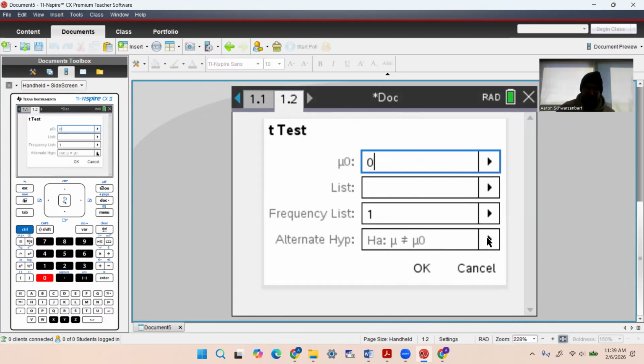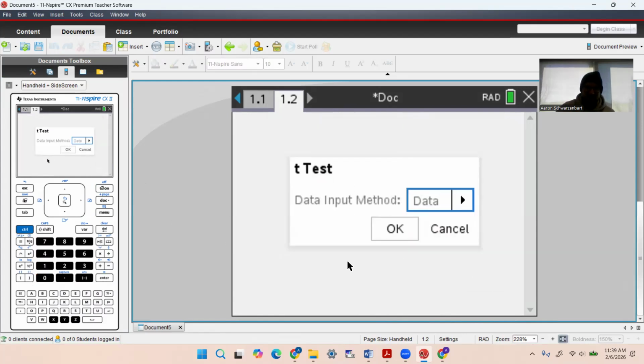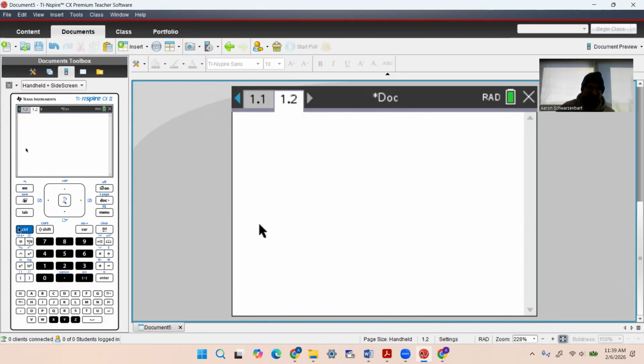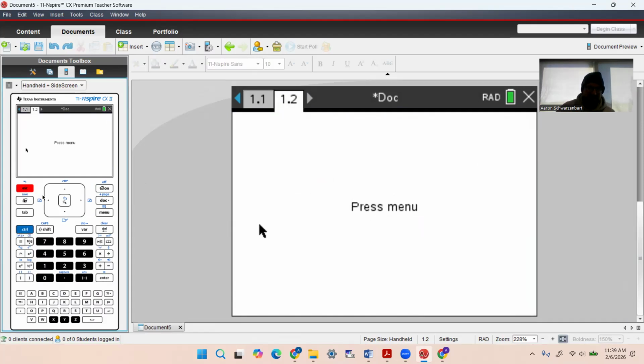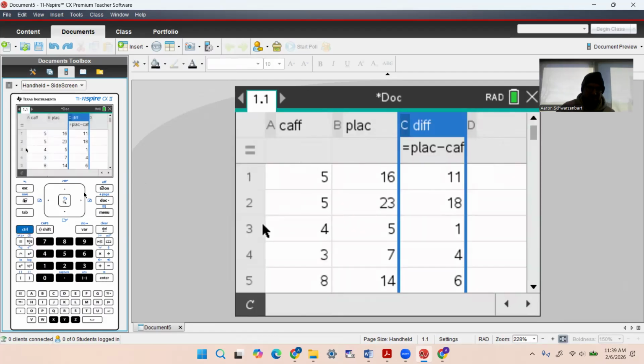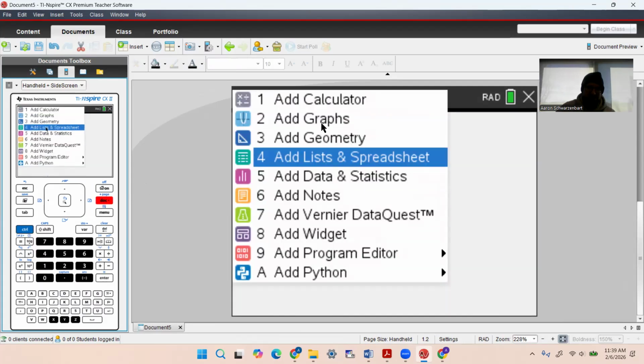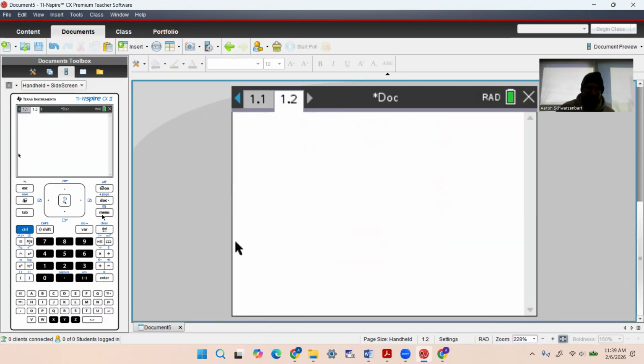I'm not running a test, I'm running a confidence interval. It asked me to make a confidence interval, so I will make a confidence interval. Oops, I accidentally deleted my page.